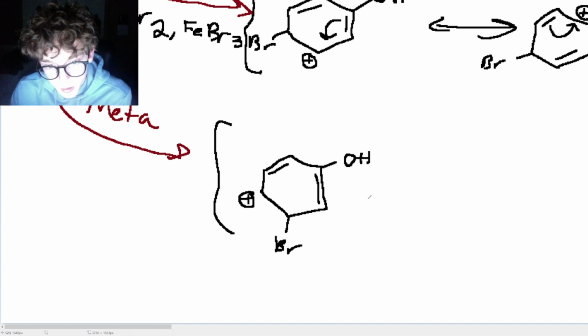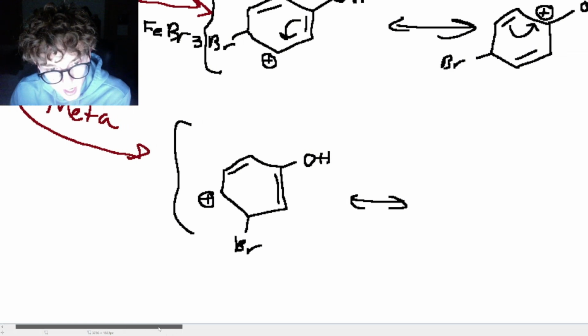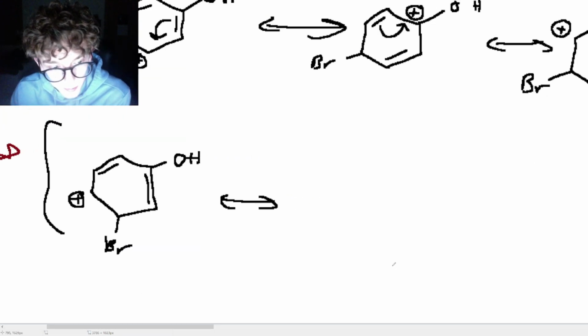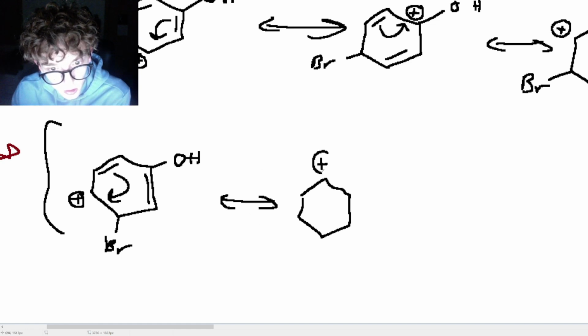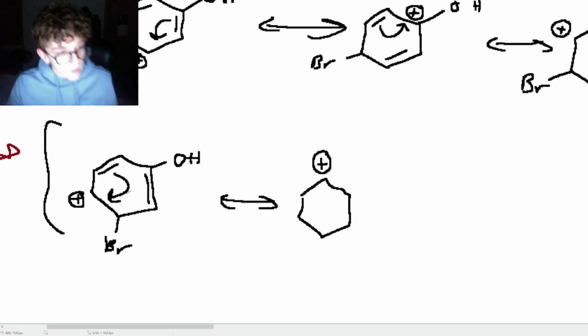This is quite the mouthful, I should say. So we do a meta attack here. We can push these pi electrons here, give us this compound, so that would put the positive charge here. Oh my goodness, why did I put it there?